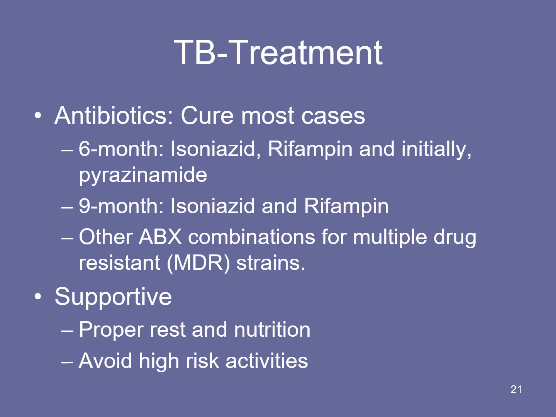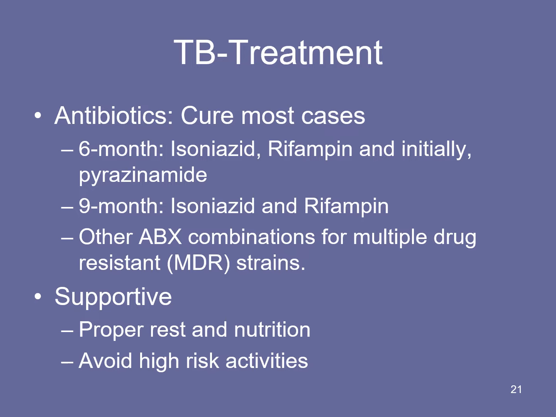And many times when we're treating patients with tuberculosis, we're using multiple drugs. Interestingly enough, streptomycin is still used, but it's not a primary antibiotic against tuberculosis. It's used in combo. I would say it's more of a tertiary one that's almost universally used in combination with other drugs. You have a 6-month regimen.